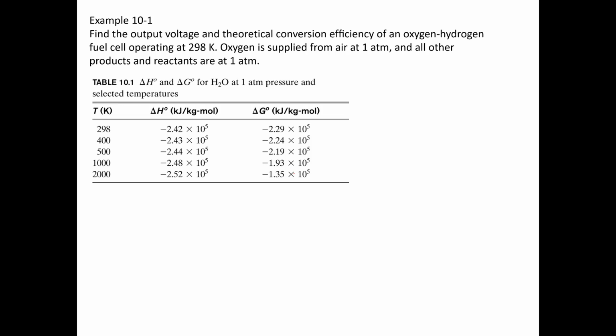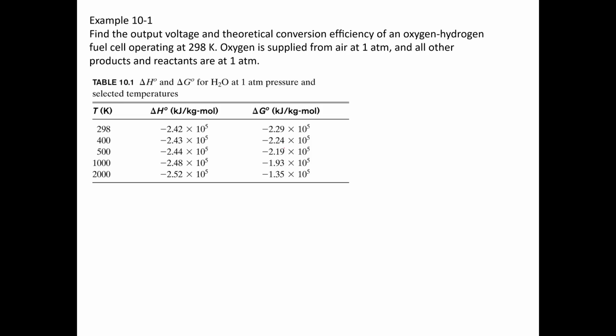Here's this example problem that reads, find the output voltage and theoretical conversion efficiency of an oxygen-hydrogen fuel cell operating at 298 Kelvin. Oxygen is supplied from air at 1 atmosphere, and all other products and reactants are also at 1 atmosphere.